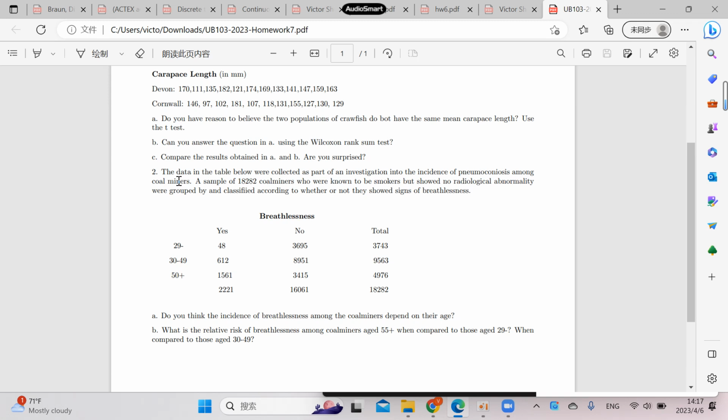Your expected number of people is that probability times the total number of people, which is 18,282.